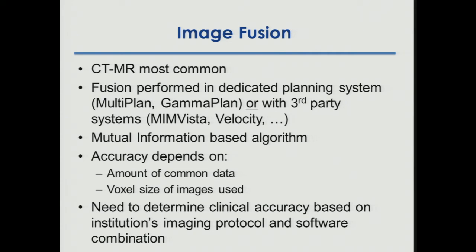Before you do that, you need to look at some papers stating that, especially if you move outside the brain to the body, these errors and uncertainties of the image fusion algorithms can be 5 millimeters and above. You need to really carefully assess that. And once Task Group 132 comes out, take a very close look at that before you use image fusion for contouring in SRS.